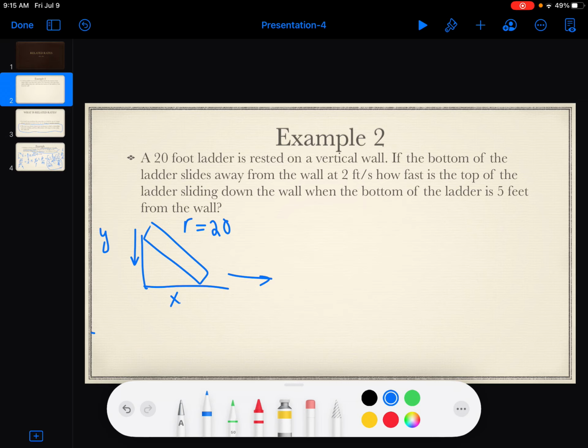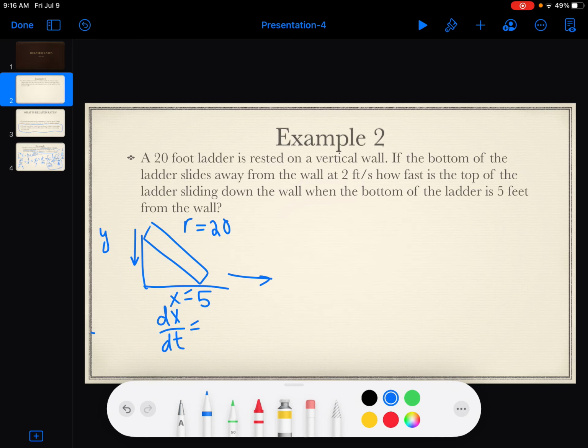So we want to find out how fast the top of the ladder is going downward when the bottom of the ladder is 5 feet from the wall. So that's another piece of information. X is 5 feet. Okay, so we also know one more thing. dx by dt.